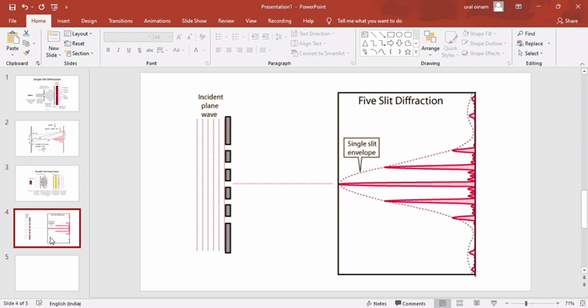So the actual formula is I equals I naught m squared, where I naught is the original intensity coming through the slit. Also in multi-slit diffraction, there will be secondary maxima, and the number of secondary maxima formed is equal to m minus 2, where m is the number of slits.